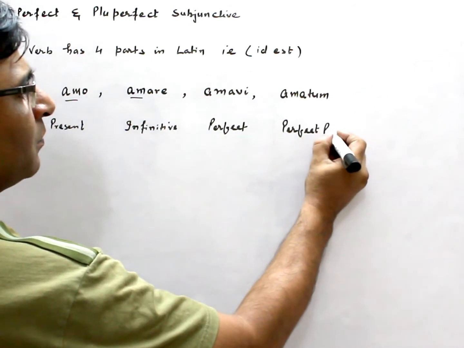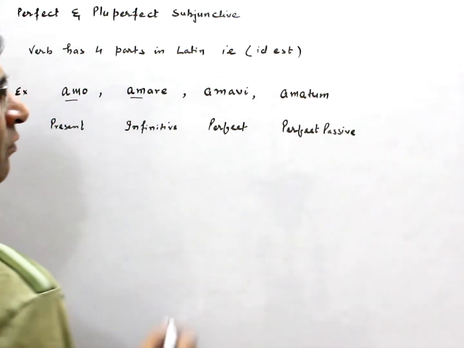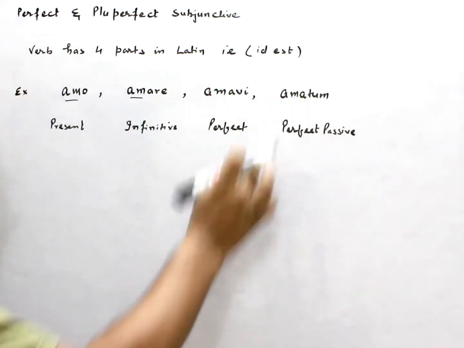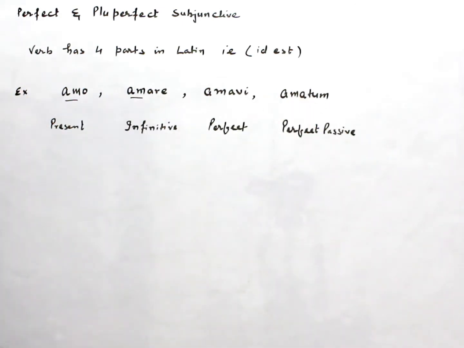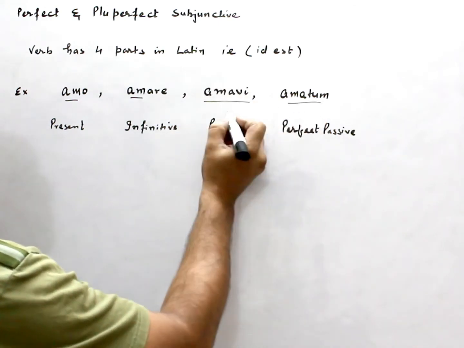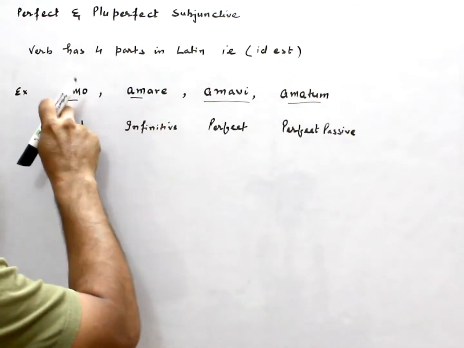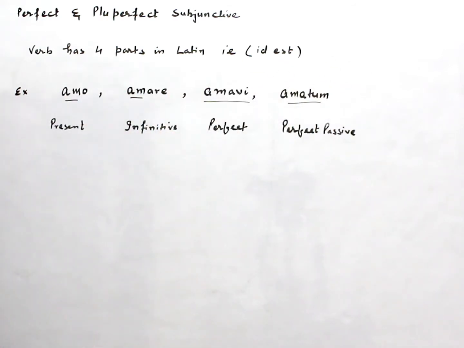Perfect passive means having been loved. Already we have discussed. So these we take for the past tense, and these are for the present tense.